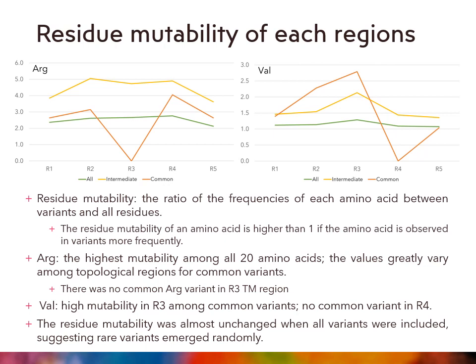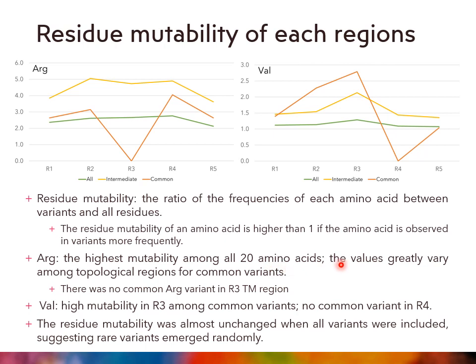We further calculate the residue mutability of each region. So residue mutability is defined as the ratio of frequency of each amino acid between variant and all residues in that region. So basically, if the value is more than 1, it means that amino acid can be found more frequently among genetic variant. And we found that arginine has the highest mutability among all 20 amino acids.